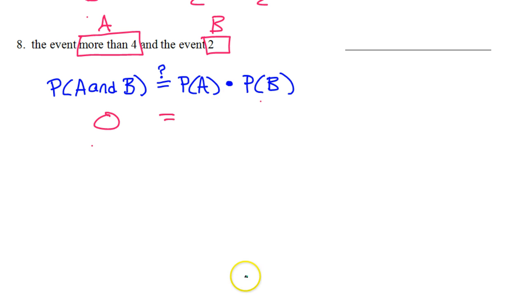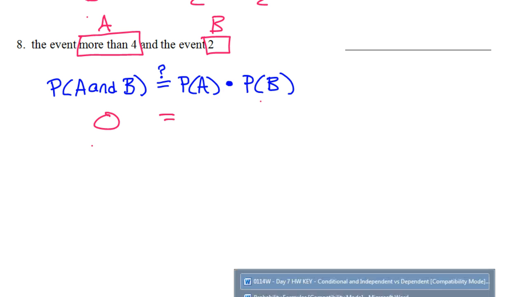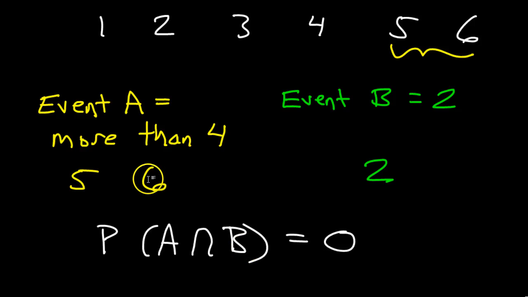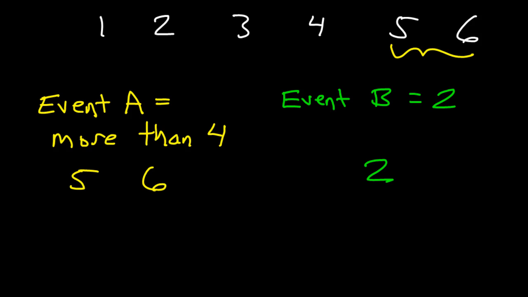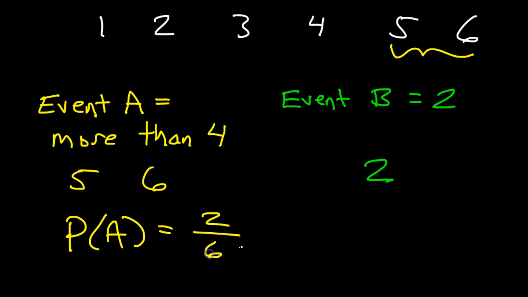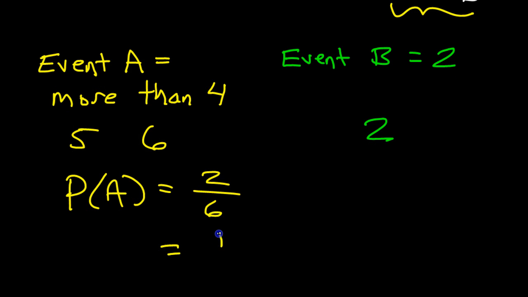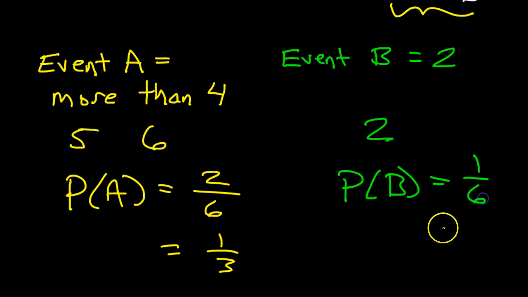The probability of A by itself, let me just go back and do my colors. The probability of A by itself, well, I have 2 chances, alright? 2 chances out of 6, which equals 1/3. Alright, the probability of event B by itself, well, I have 1 chance for event B. So it's 1 chance in 6.